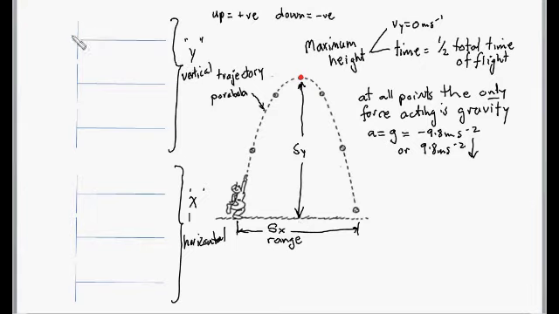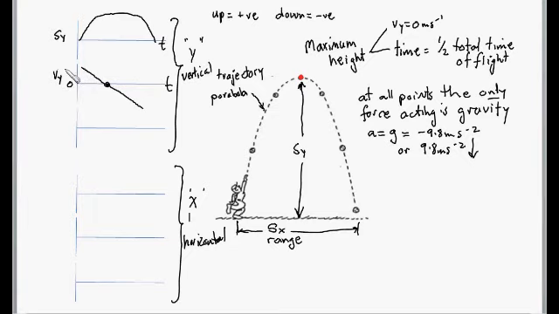Right, so we look at the vertical direction first. If we look at the displacement in the vertical direction with respect to time, we would get this type of graph. That is how that distance varies with respect to time. If we look at the velocity in the y direction with respect to time, we would get this type of graph. This point here is the top of the trajectory, where the velocity is 0.